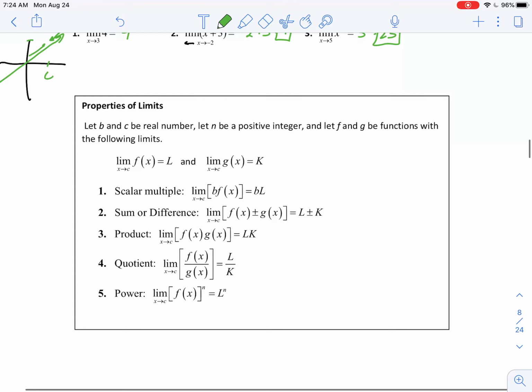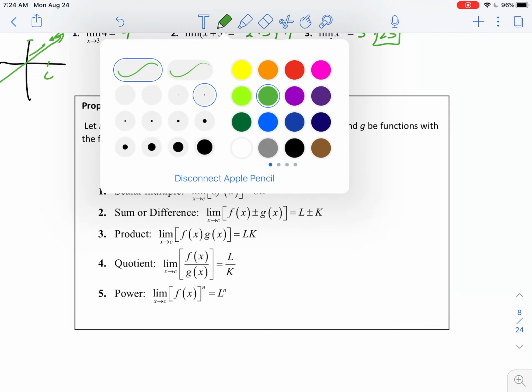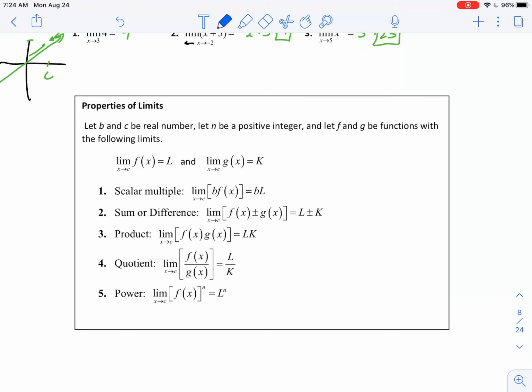Now we've got some properties of limits. And again, I think these are all pretty intuitive, but let's see what you guys think. Scalar multiple.